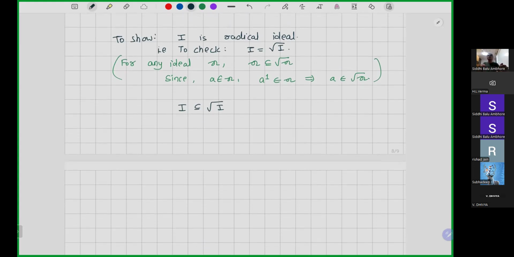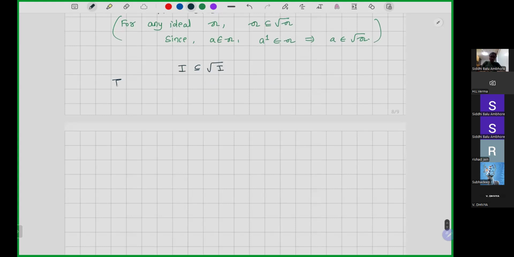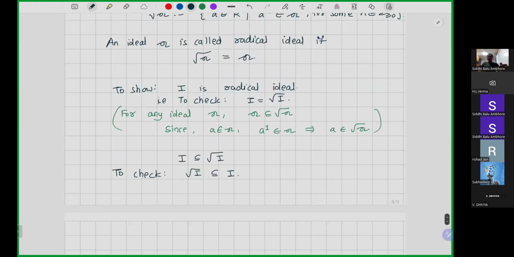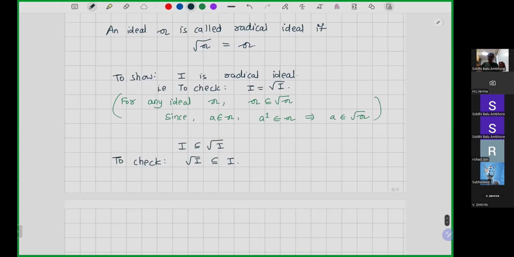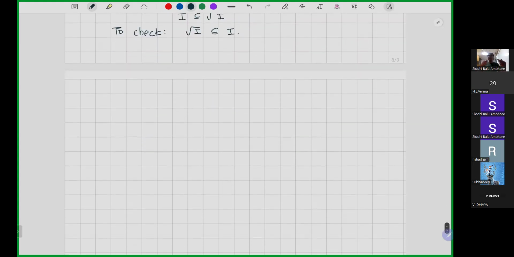Now I want to check the other way around, that the radical of I is contained in I. Any doubts about what I have explained so far? Okay, it's clear so far. Great. So we'll start to prove that the radical of I is contained in I.